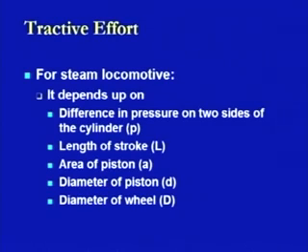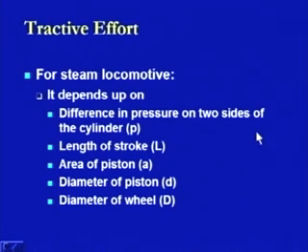Now in the case of the steam locomotive, what we can see is that it is going to depend on the difference in pressure on the two sides of the cylinder. Here in the steam locomotive, there is a steam pressure and there is a cylinder in which, because of this steam pressure, we will have a piston which moves. That is what is termed as the stroke of the piston, and the length of the stroke is taken into consideration.